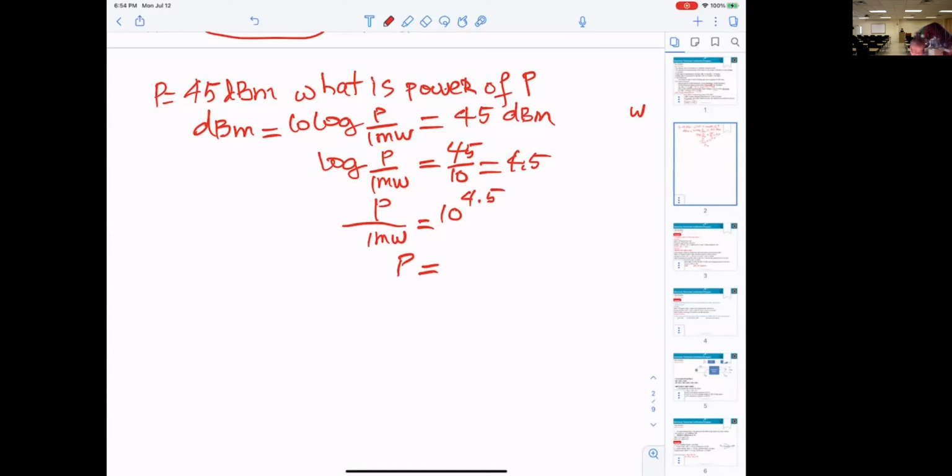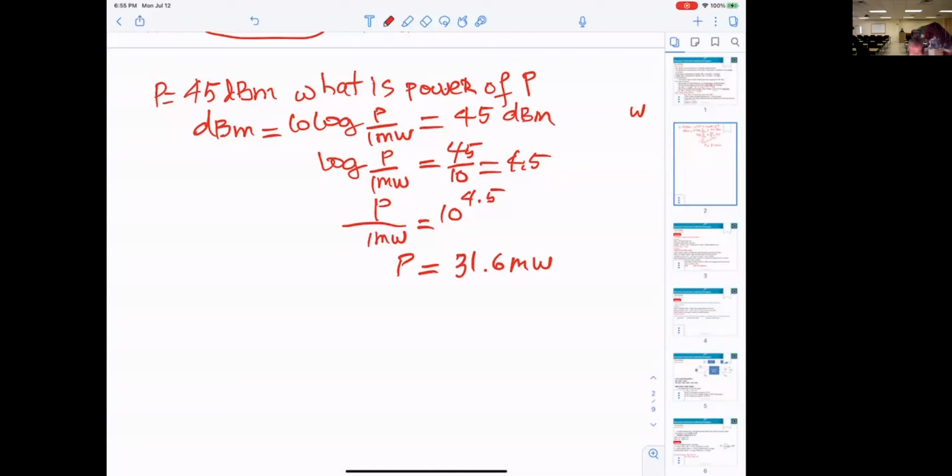Can you tell me again? 31.6 milliwatt or watt? Watts. 10 to the power 4 is 10,000.